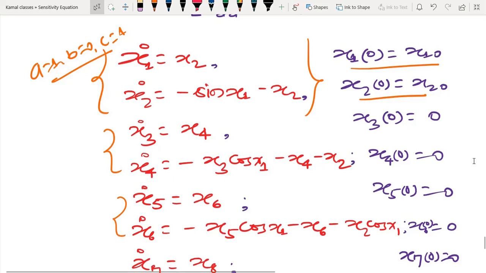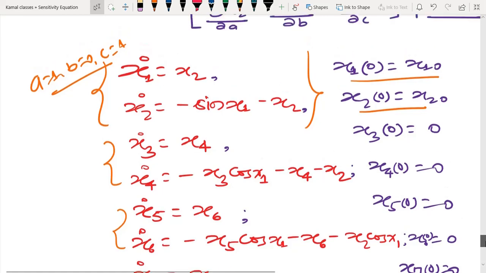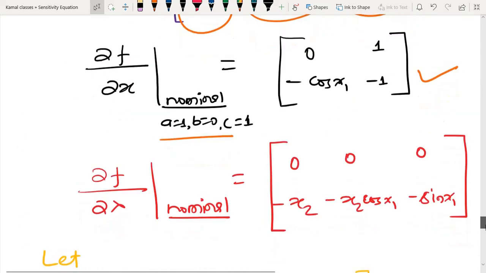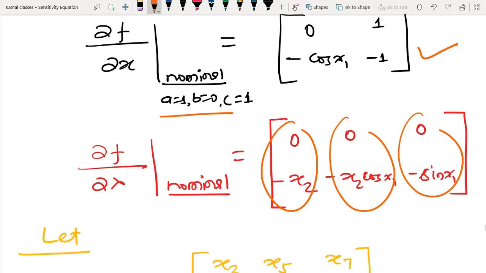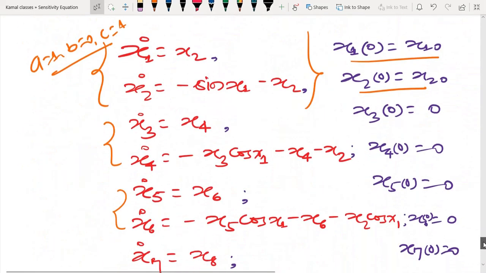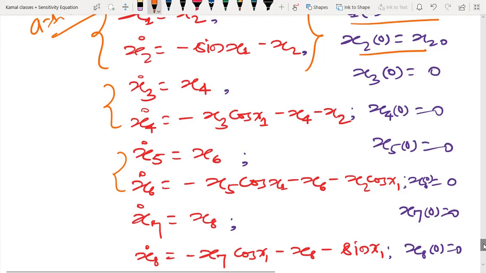From the things I have done here, I am going to generate the equation, and you can see that in this differential equation a similar kind of thing is reflected. So I have x4 and x3 cos x1, x4 minus x2. You can just check it.